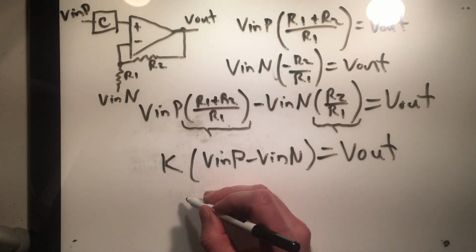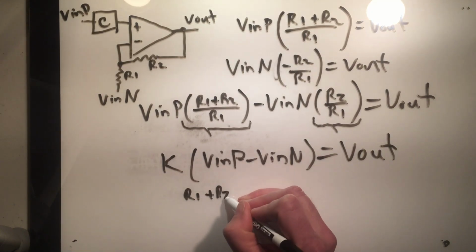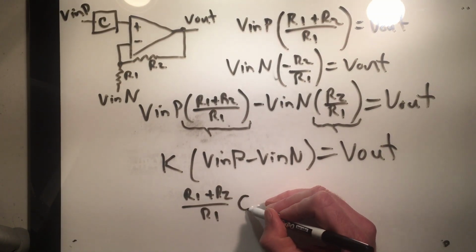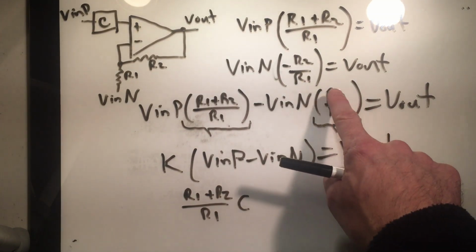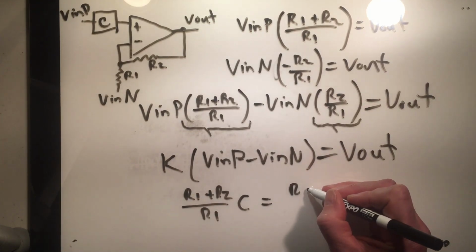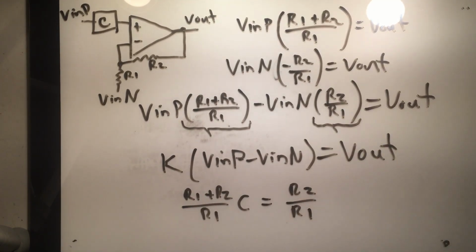So if we have R1 plus R2 over R1 times that C constant, and we set that equal to this gain equation right here, R2 over R1, that looks like it's pretty easy to solve for C.